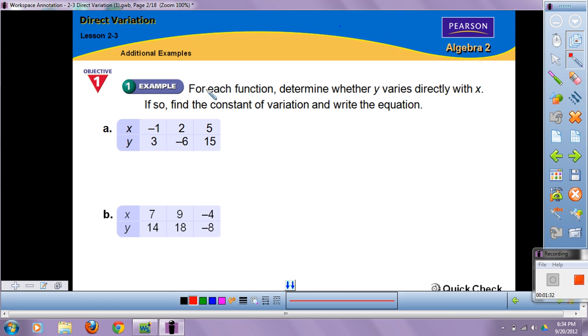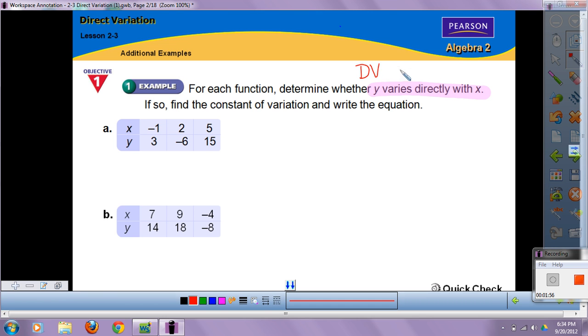Example 1. For each function, determine whether y varies directly with x. If so, find the constant of variation and write the equation. Just write down the important information here. So first we want to determine whether y varies directly with x. What that means is, is this a direct variation?